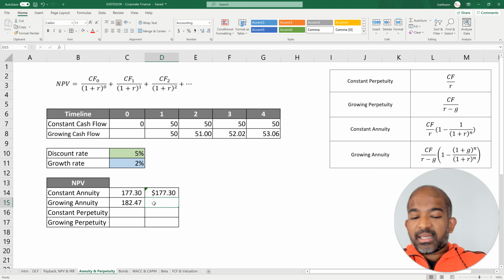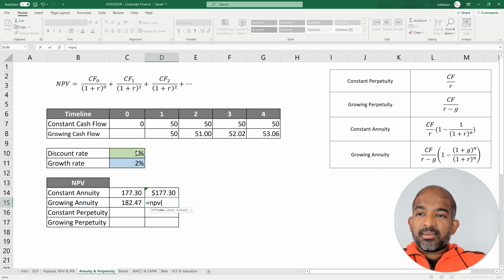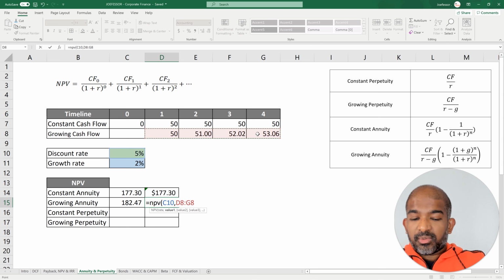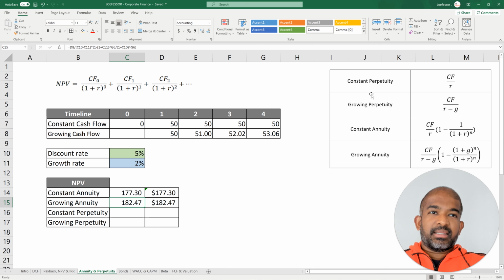Again, we can achieve the same using the NPV formula we learned, which is the discount rate, comma, we have the cash flows as such. It's a much simpler way when you have all the cash flows written down, right? One thing to remember about these 4 formulae in general is that they are designed to calculate the net present value only when the cash flows start from year 1, or at the end of time period 1.